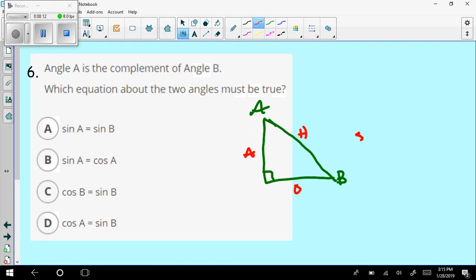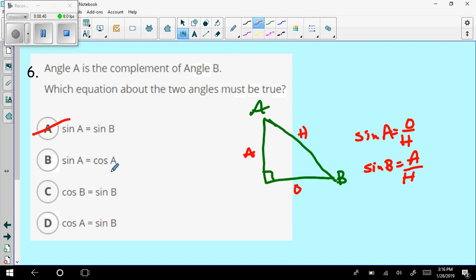So if I were to look at the sine of A, that would equal O over H. Now we compare that with the sine of B. Sine of B is the opposite of B, which is A, over the hypotenuse, which is H. So these two are not equal, so it's not that one.